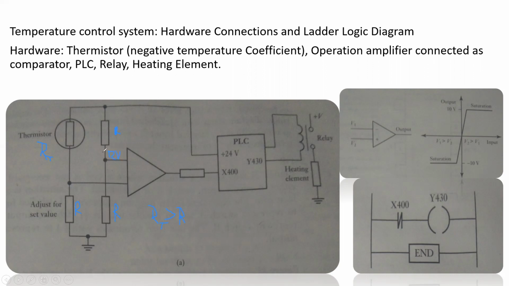But here, as RT is greater than R, the potential drop across this will be more and the potential drop across this will be less. So the potential here will be less than 12 volts. Here the V will be less than 12 volts.